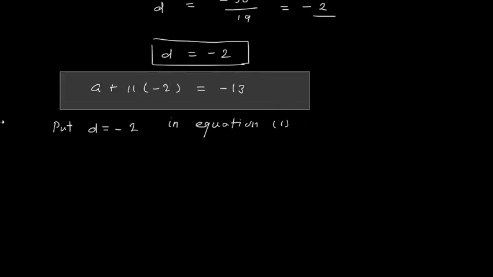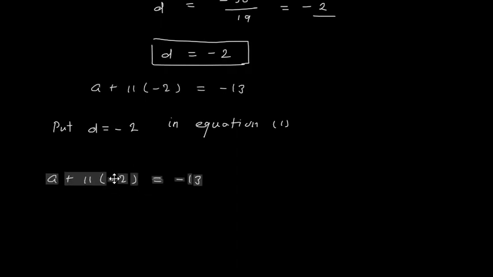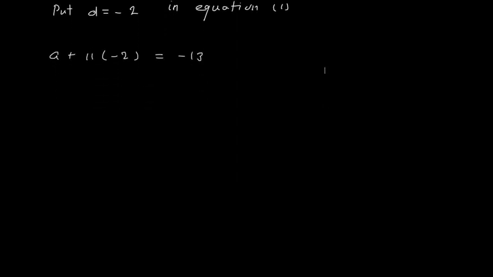So a is equal to minus 13, and this is minus 22, it will become plus 22. So this is 9. So I got a equal to 9 and d equal to minus 2.